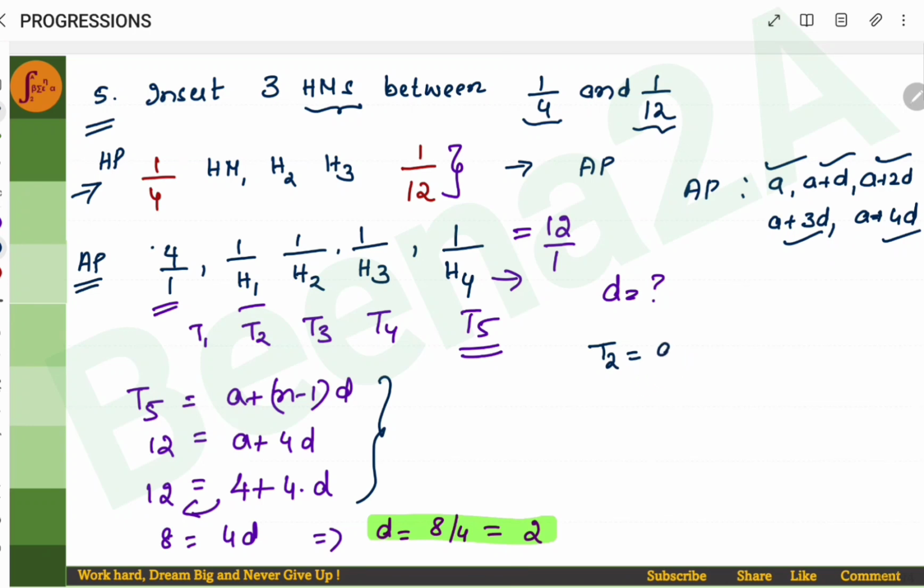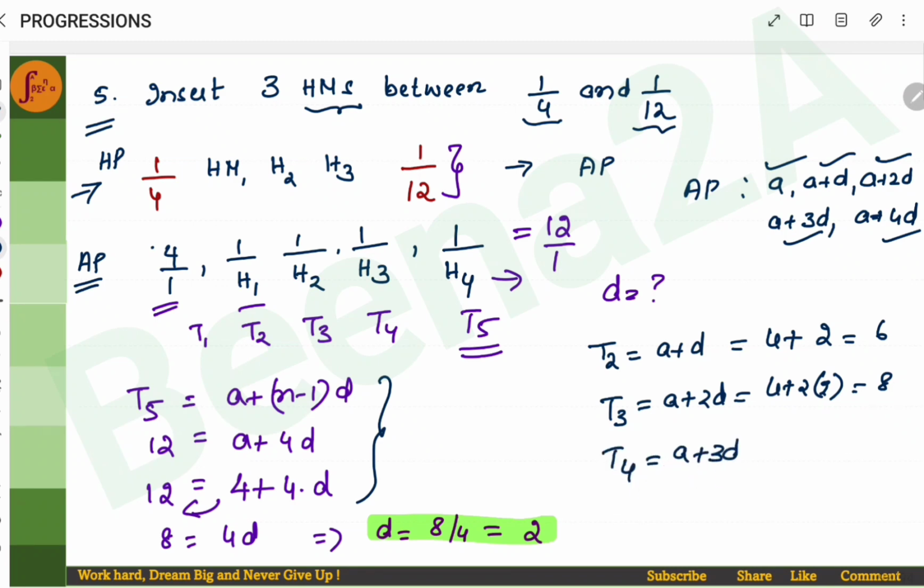So the second term is A plus D. A is 4, D is 2. This is 6. The third term is A plus 2D, so it will be 4 plus 2 times the difference, which is 2. 4 plus 4 is 8. And the fourth term is A plus 3D, which is 4 plus 3 times the difference, which is 10.